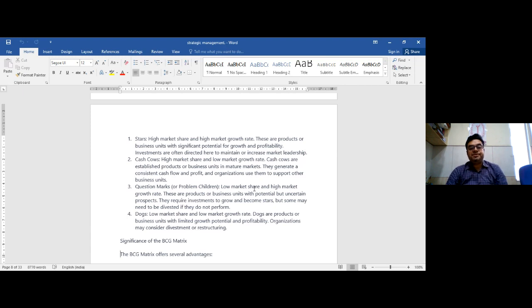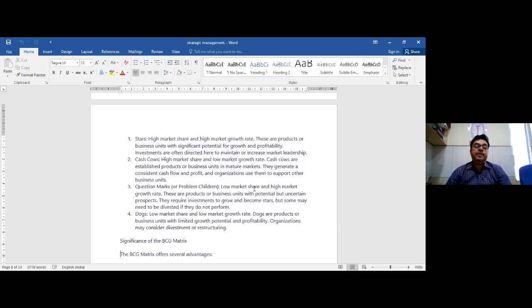Now the BCG matrix, which we already discussed in the last session, would include the 4 categories: the stars, the cash cows, the question marks, and the dogs. And these help firms to analyze how their portfolio should be managed in terms of the future. So every player, every product, every organization or company would like to be a part of the star category.